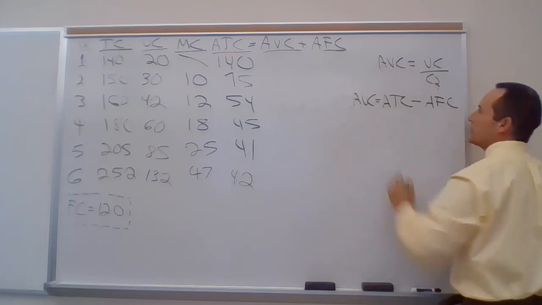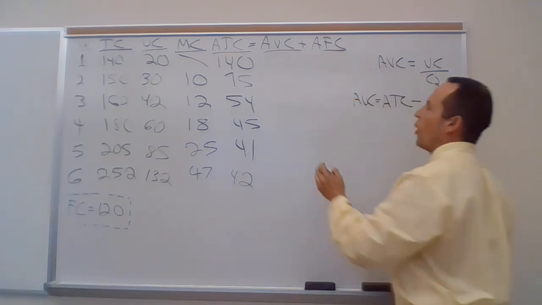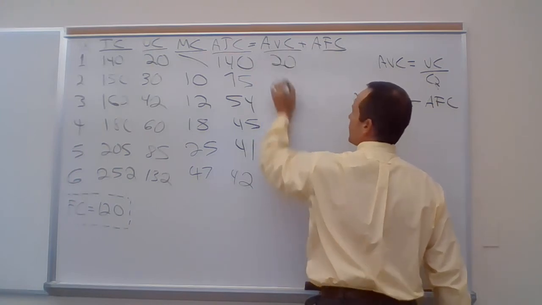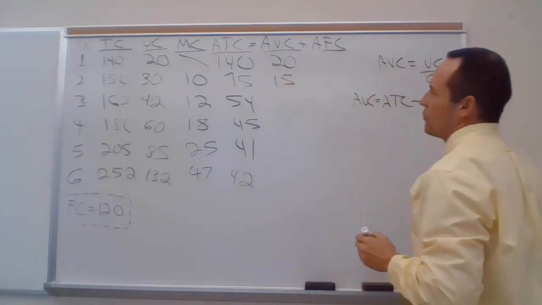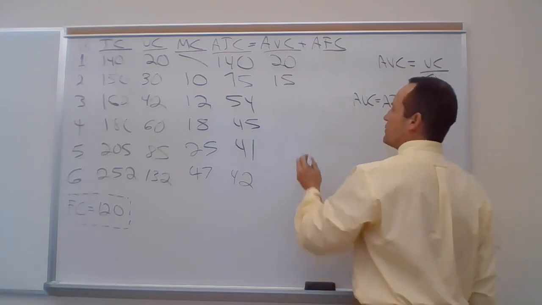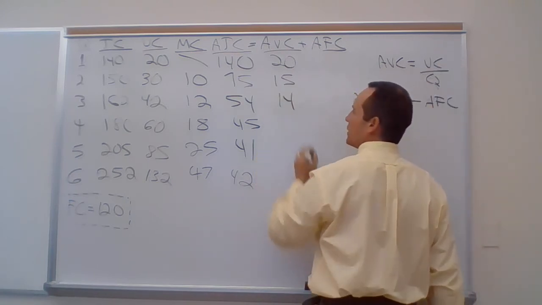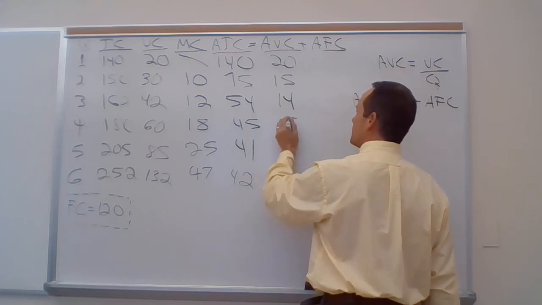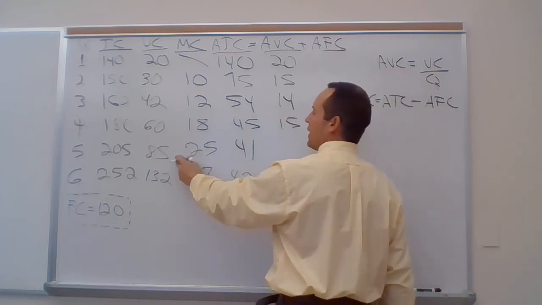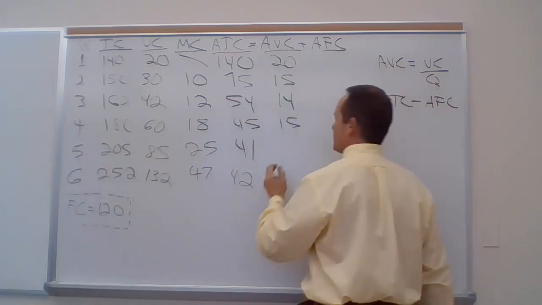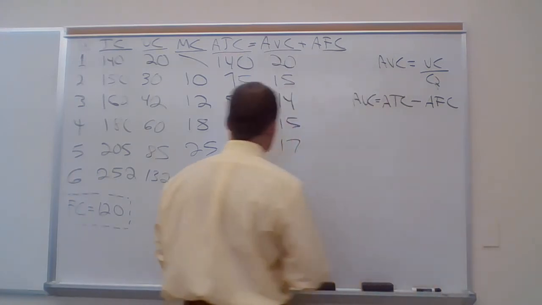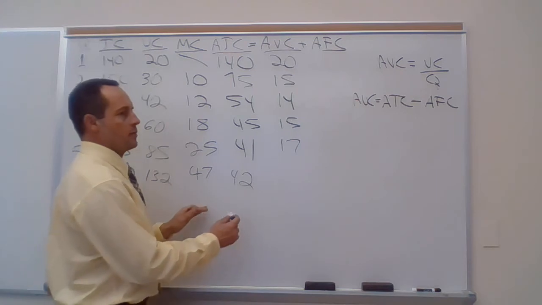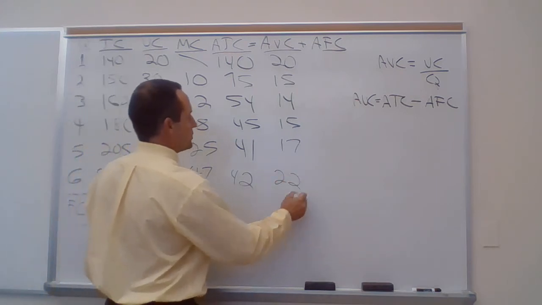All right. So 20 over 1, 30 over 2. 42 divided by 3, I believe, is 14. 60 over 4 is 15. 85 over 5 is 17. 132 divided by 6 is 22.